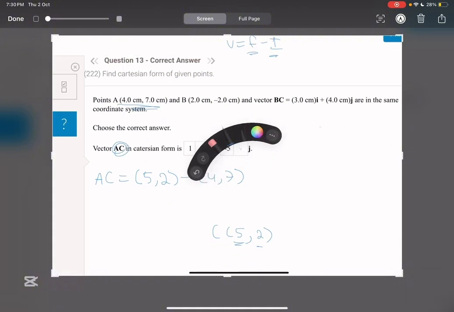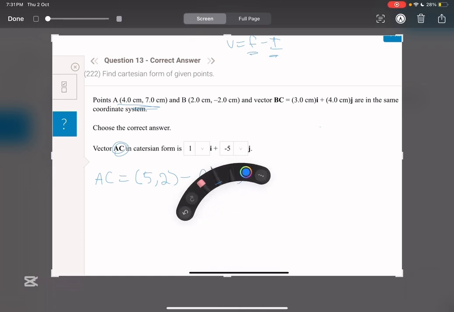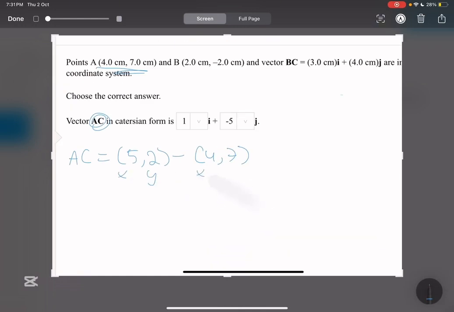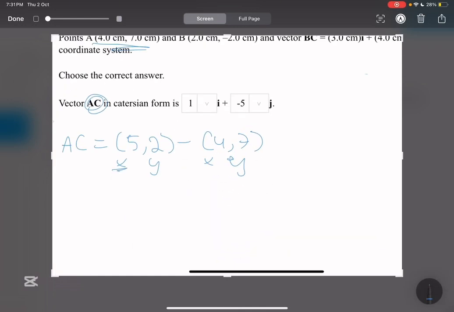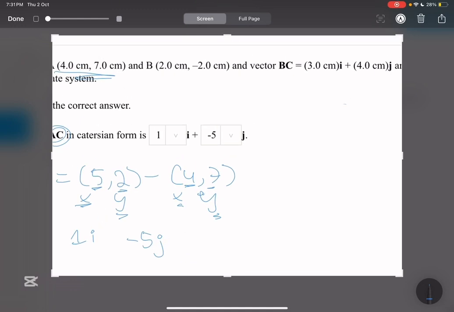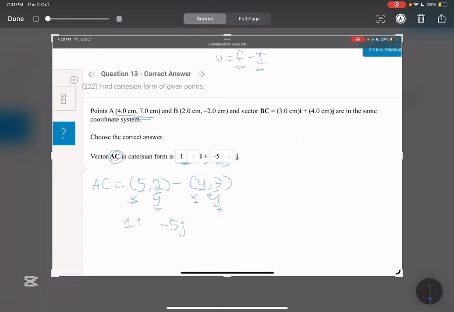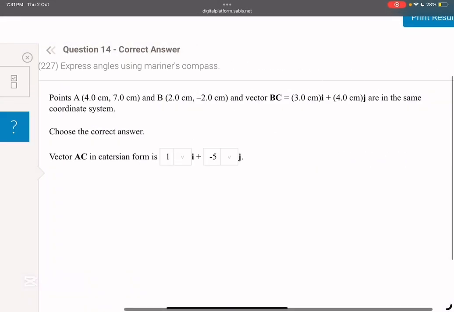Now simply we just solve separately. So this is x, this is y, this is x, this is y. x minus x, so 5 minus 4, you get 1i. y minus y, so 2 minus 7, you get negative 5j. So it's 1i plus negative 5j. Okay, and simple.